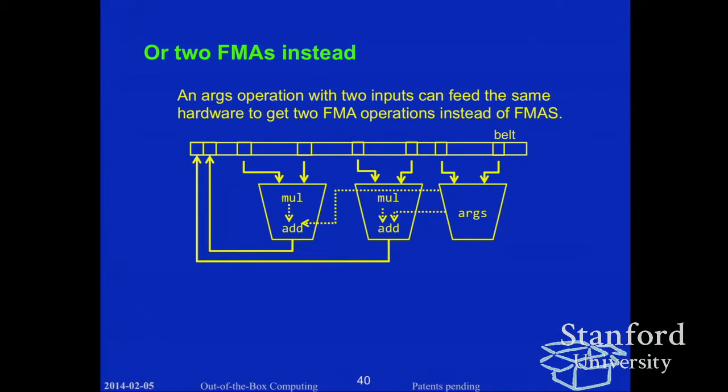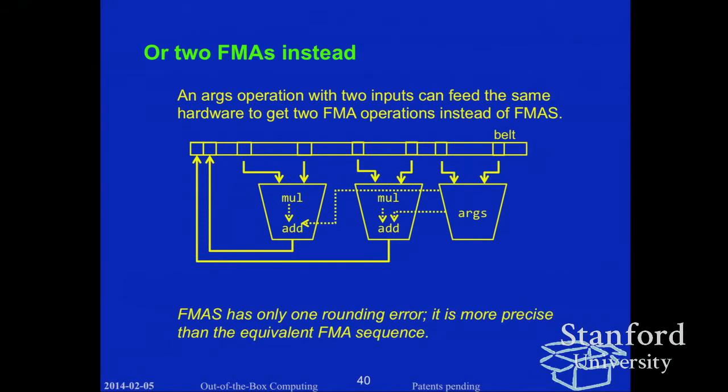We're now going to get two individual FMA operations. FMAS, like FMA, has only one rounding error and is consequently advantageous over the equivalent simple multiply add sequence.